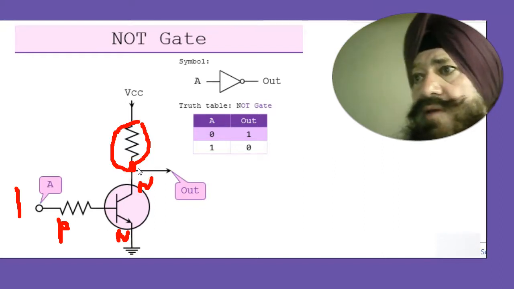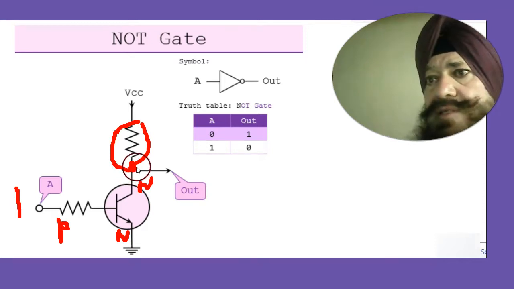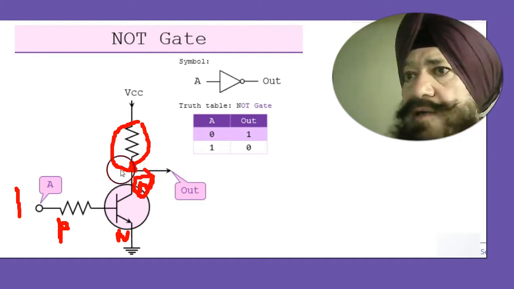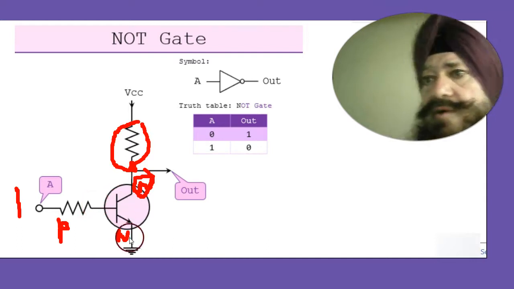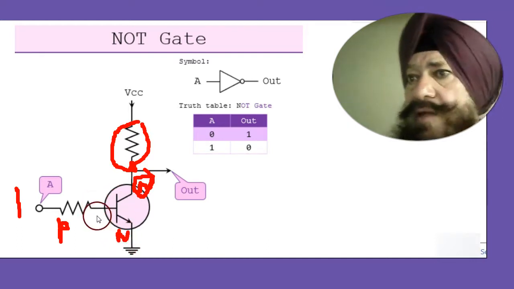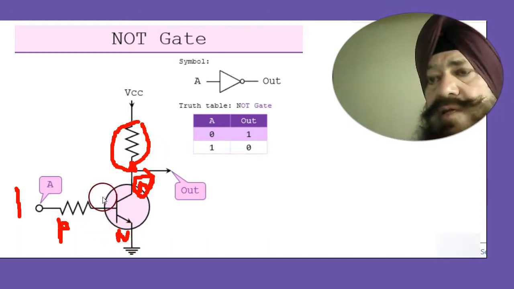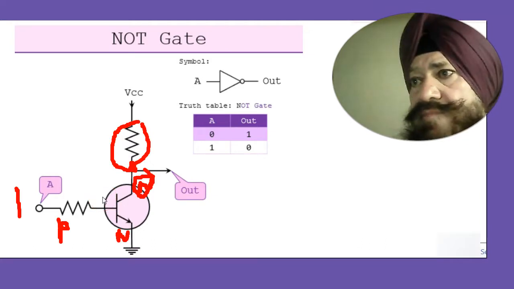Now what happens when this point comes to low potential? This is N. When N comes to low potential, the collector-base junction also becomes forward biased. Already the emitter-base is forward biased.